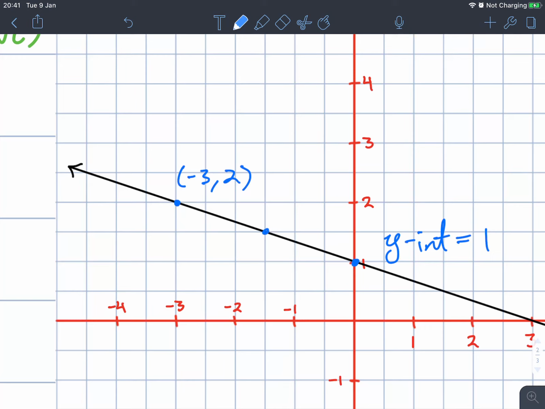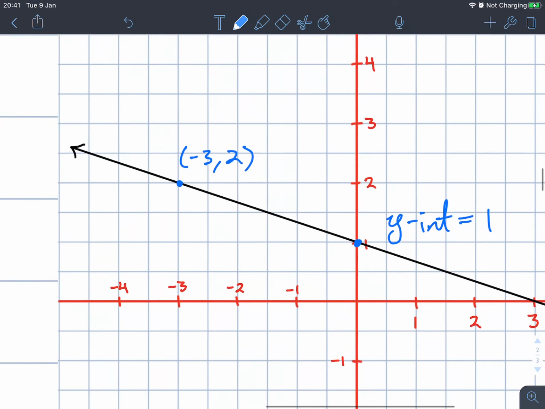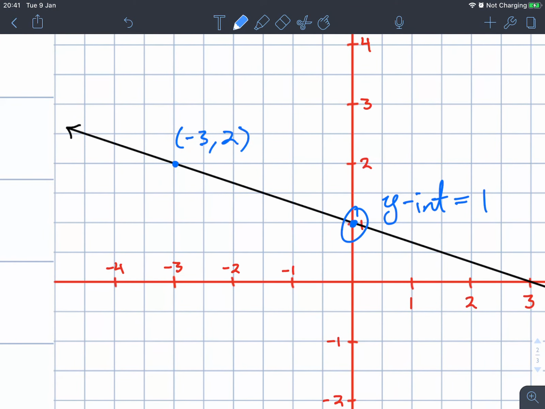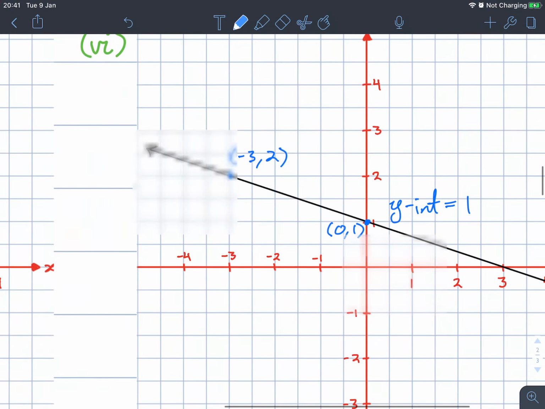I could pick this one here, because that is -1.5 and 1.5. But I'd like to pick a point that's slightly more obvious. So let's just pick our y-intercept again. The coordinates of this point here are 0, 1.